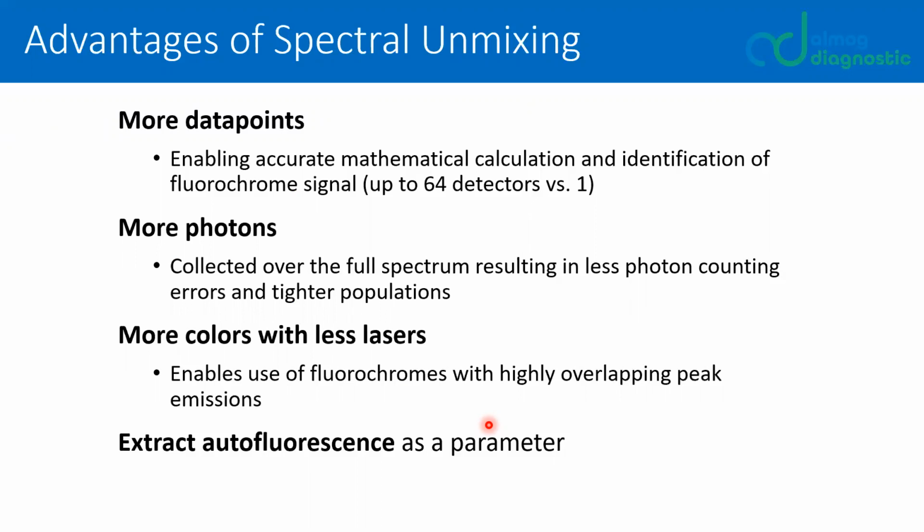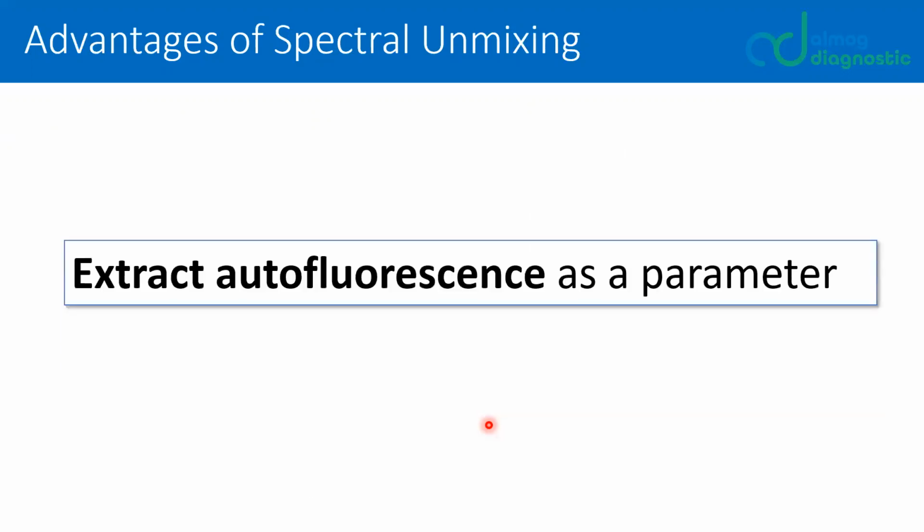Highly overlapping dyes can be analyzed together as long as the full spectrum signatures are unique. Any dye that can be excited by onboard lasers can be used. There is no need for optimized filter sets since signal is collected in all channels. It also allows us to extract the autofluorescence. The autofluorescence contribution to background noise can be minimized by extracting its signature from the sample.